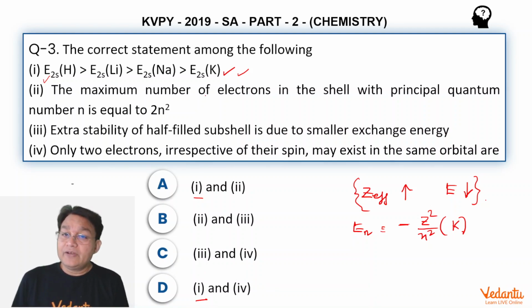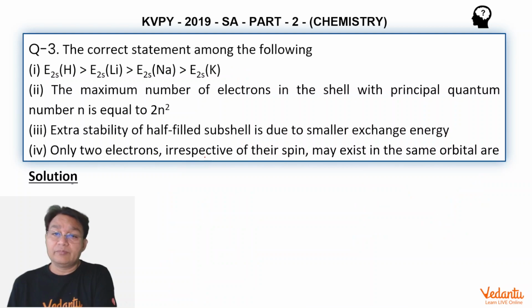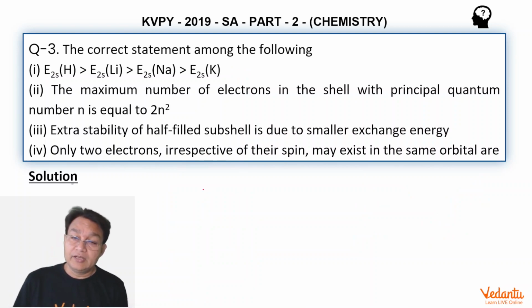The maximum number of electrons in a shell with principal quantum number n is 2n square. Can we prove it? Of course we can. For any shell of number n, how many subshells are there? 0, 1, 2, up to n minus 1 subshells are there. And for each l, the number of orbitals will be 2l plus 1.